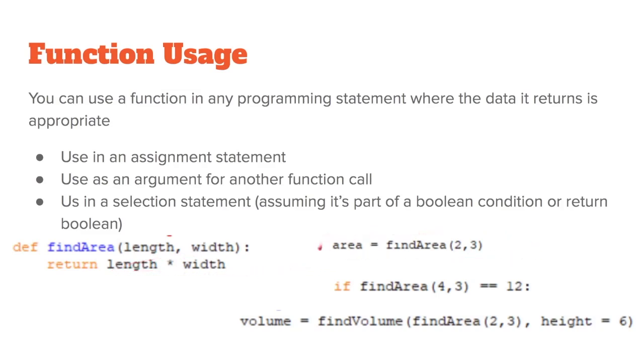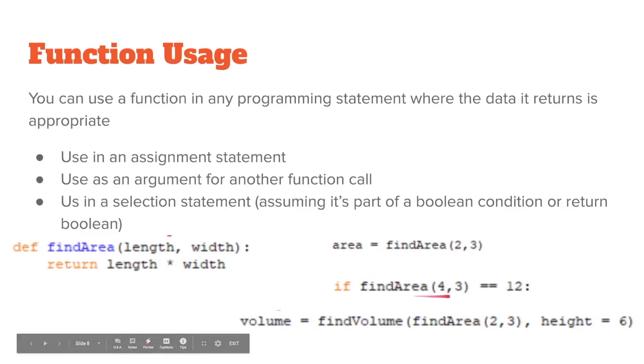When you're using it, you want to use it either in an assignment statement, so come up with a variable, make it equal to the function call. Use it in a conditional statement, like if area of 4 and 3 is equal to 12, do something, otherwise do something else. Or maybe you have a second function that requires the area as an argument to itself. So you can call that function in the arguments list for another function that you're working with. And this function happens to be another return function, which is kind of neat.